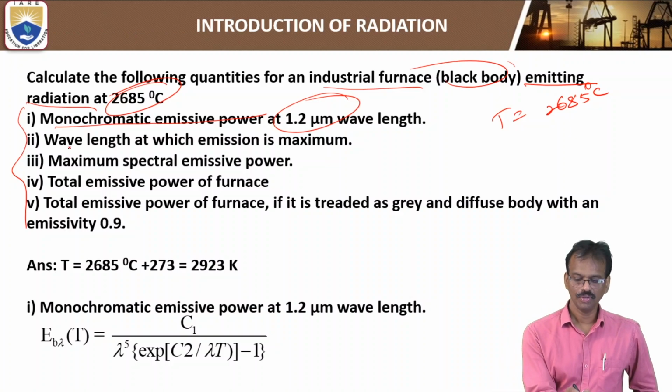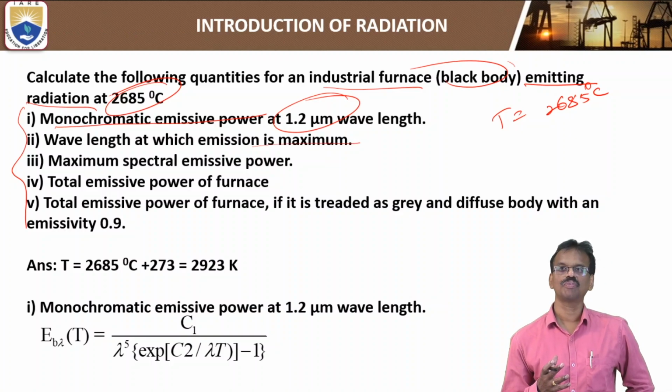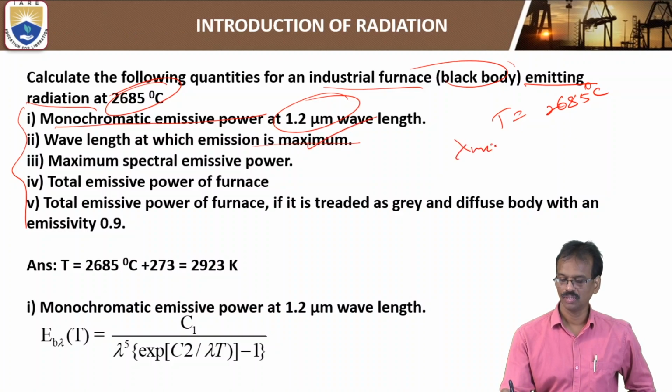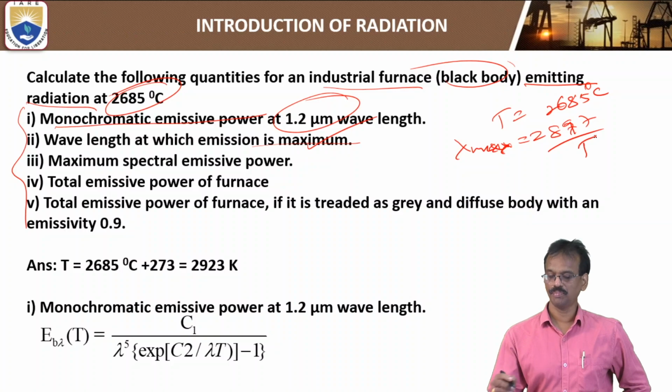Second one is the wavelength at which emissive power is maximum, that is called maximum wavelength, lambda max. You know Wien's law: lambda max is equal to 2897 by T. With Wien's law you can find lambda max.